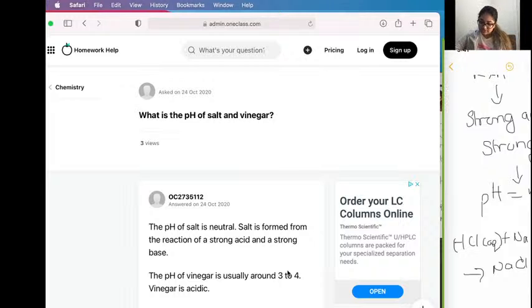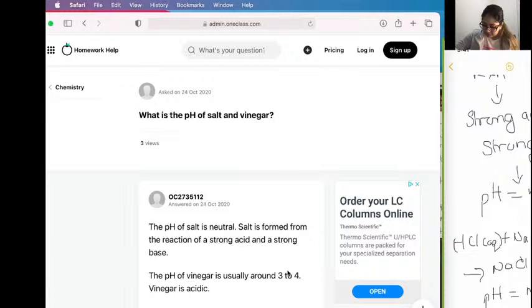So this is a simple strong acid strong base neutralization reaction, and NaCl is a common salt that we all know, and so for this reason the pH is neutral basically.